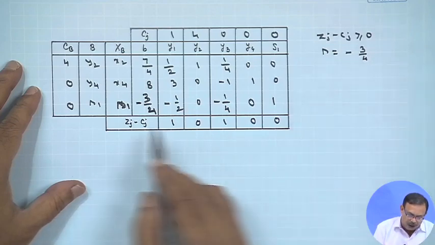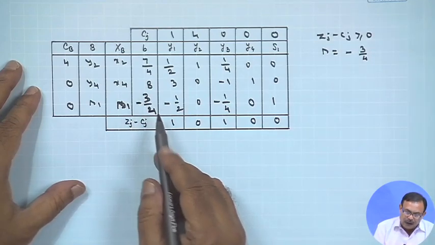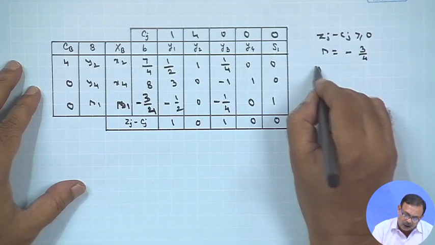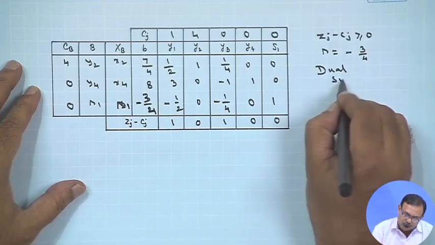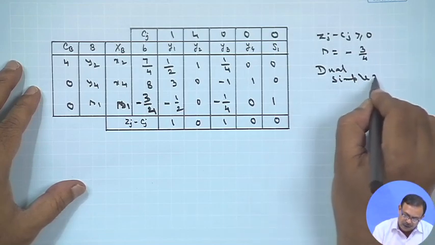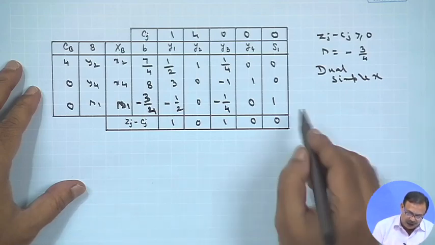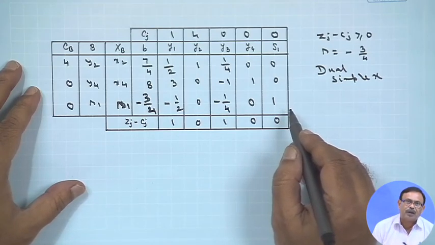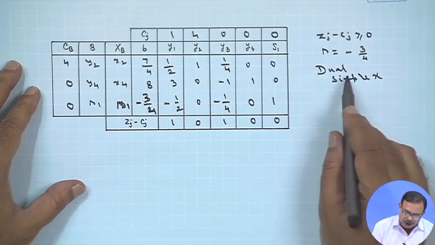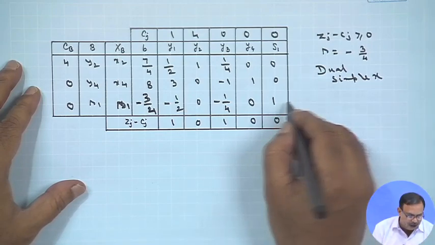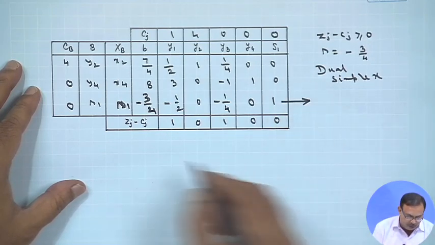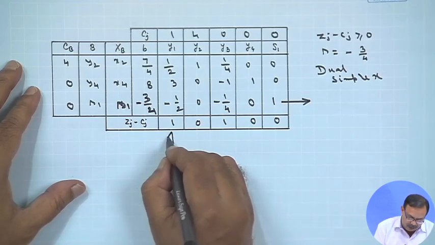Since this is negative, we will use the dual simplex method to obtain the solution. You will find the minimum and obtain the departing vector and the entering vector. So, using the dual simplex method, your departing vector will be this one and your entering vector will be this.